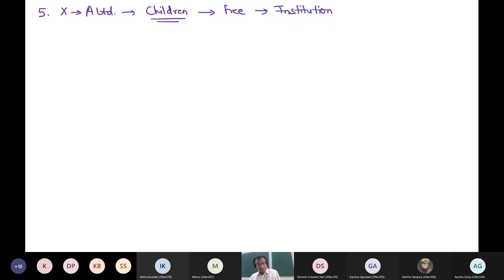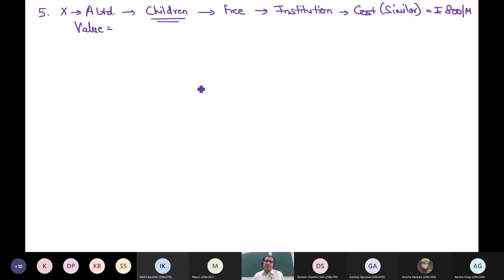Children got education facility free in an institution. Cost of similar education is 800 per month. Can you tell me how much is the value which is taxable?